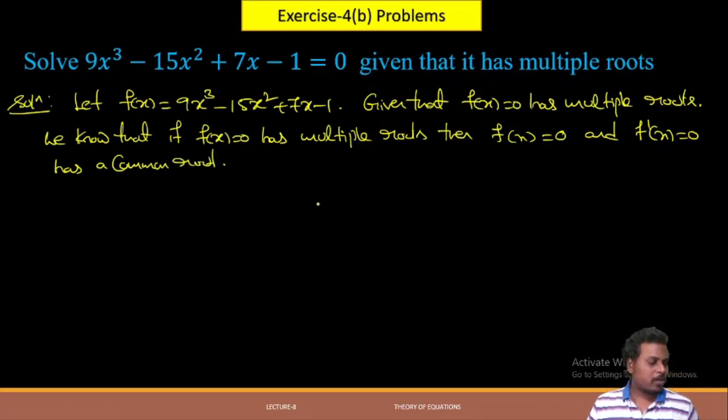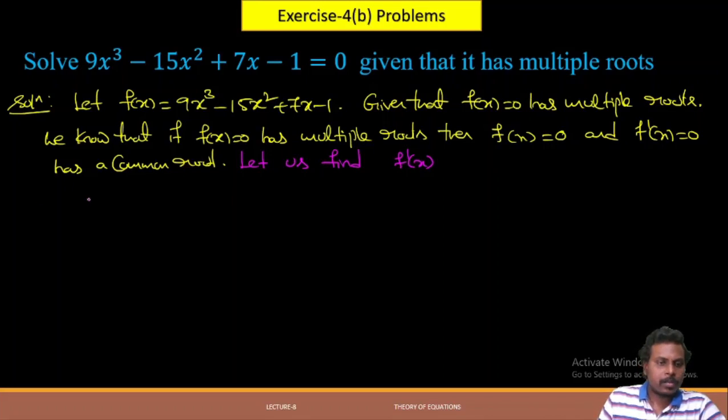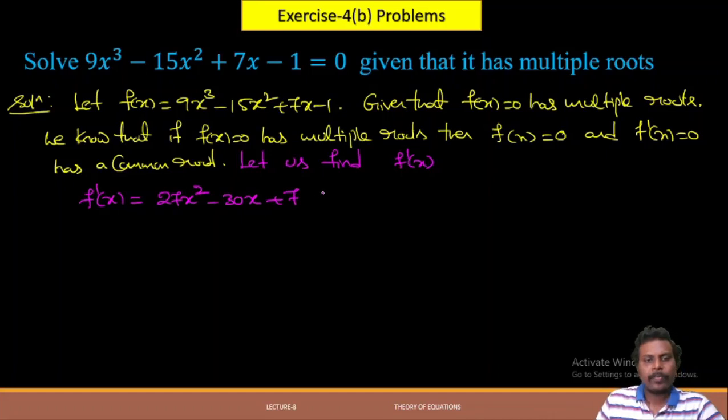Okay, so let us find f dash x. So what is f dash x? f dash x is equal to 27x square minus 30x plus 7.